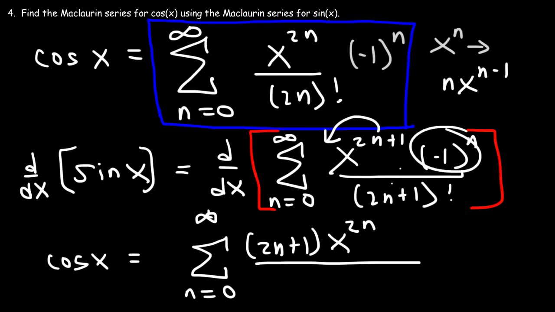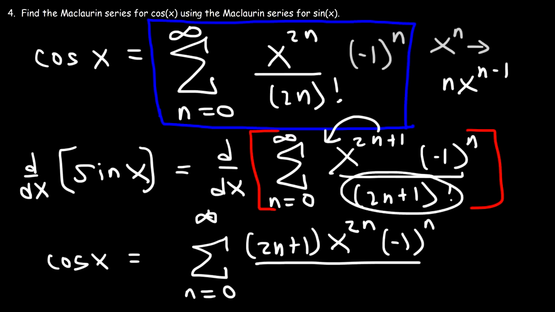And then divided by, now this constant, we're just going to rewrite it. So that's going to be negative 1 to the n power. Now this constant will remain, but we want to cancel the 2n plus 1. So we're going to adjust the 2n plus 1 factorial. Now recall that 8 factorial is 8 times 7 factorial.